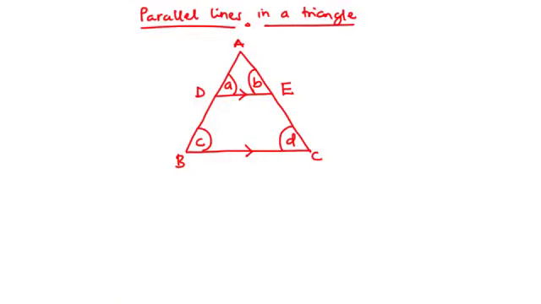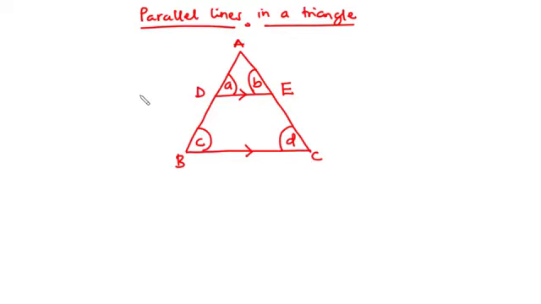So now let's move on and discuss the properties of parallel lines in a triangle. Now we are going to consider the triangle ABC, and inside of the triangle we have the line DE. Now the line DE is parallel to the line BC, which happens to be one of the sides of the triangle.